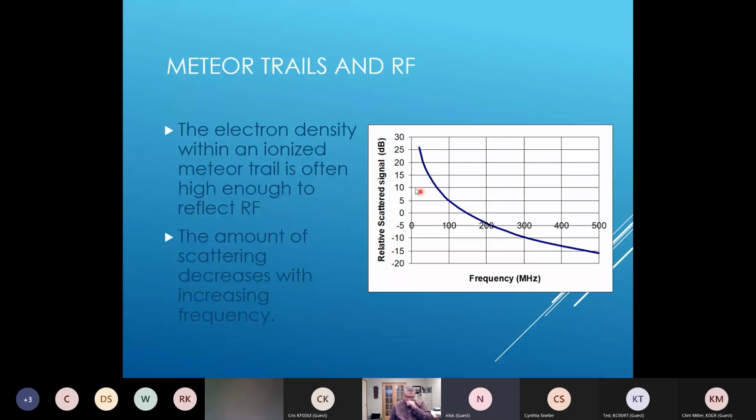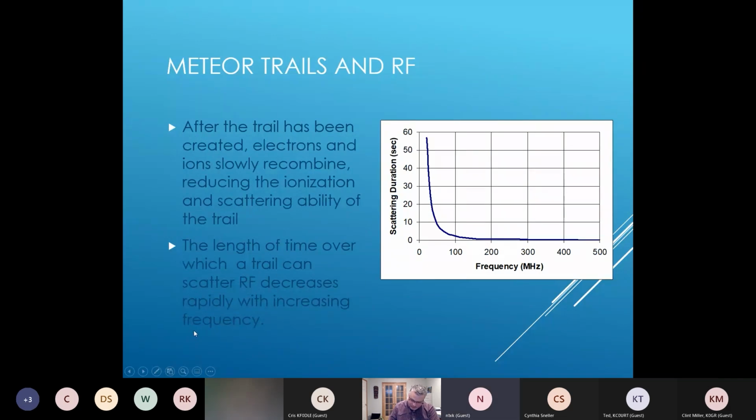The signal strength shown here starts up and drops off very quickly with frequency. So at 2 meters, it's down to about neutral. At 70 centimeters, it's really low. 50 megahertz, the 6 meter band, where the majority of meteor scatter takes place, is up in here. So that's one reason why 6 meters is the preferred band.